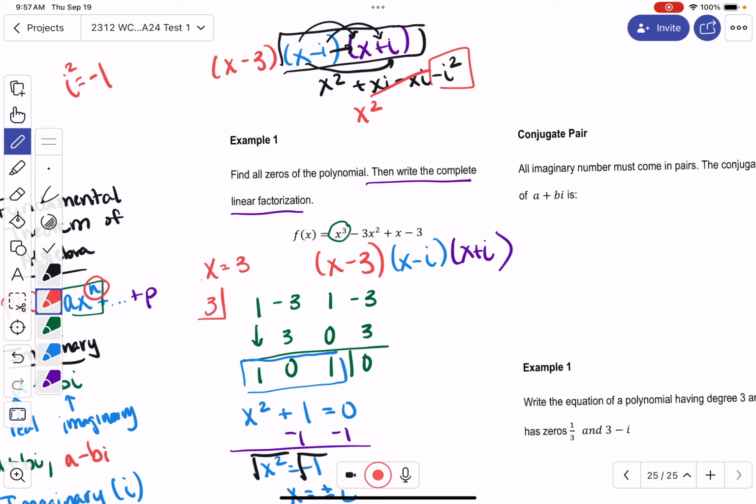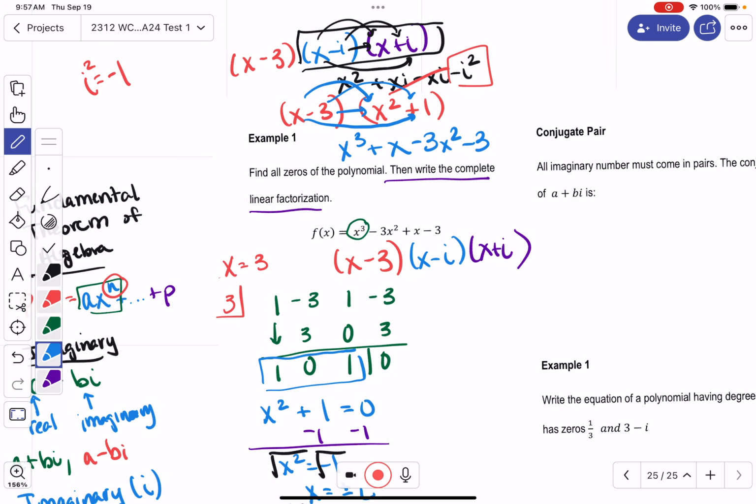So I essentially have x squared, and then a negative times negative 1, which is equal to positive 1. I'm going to multiply that by x minus 3. When I do that, I get x times x squared, x cubed, x times 1, positive x, negative 3 times x squared, negative 3x squared, and negative 3 times 1 is a negative 3.